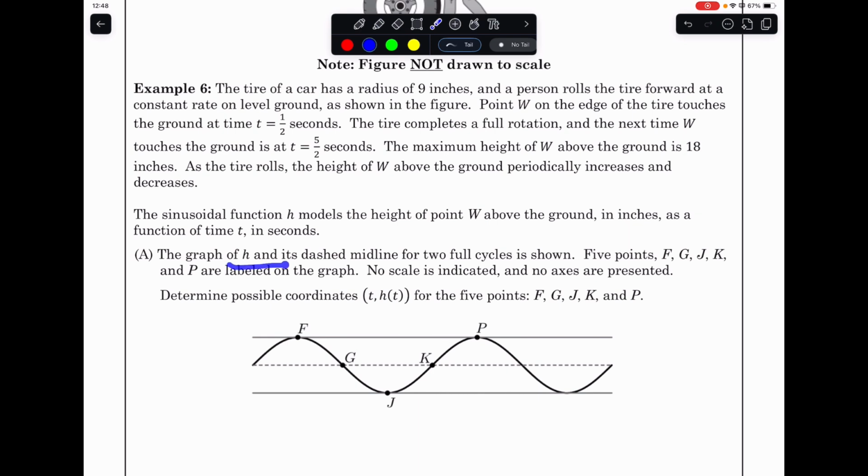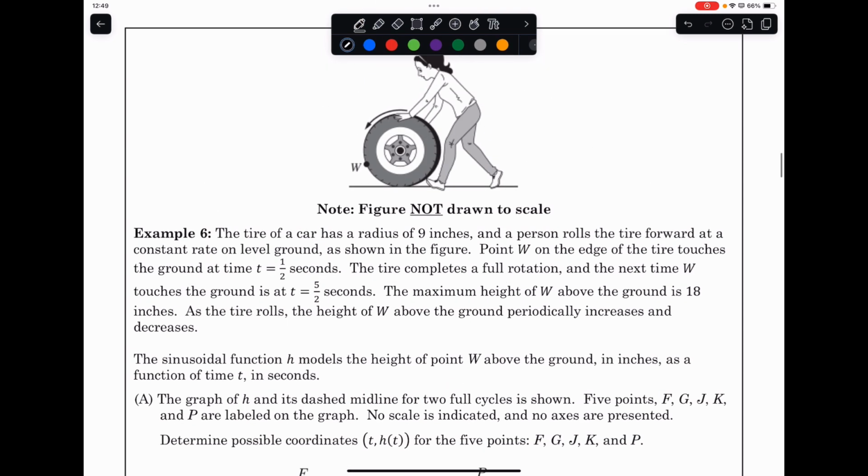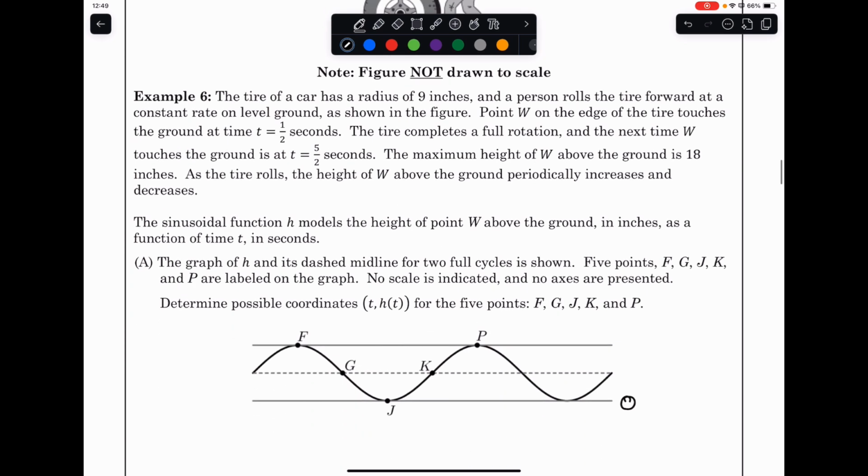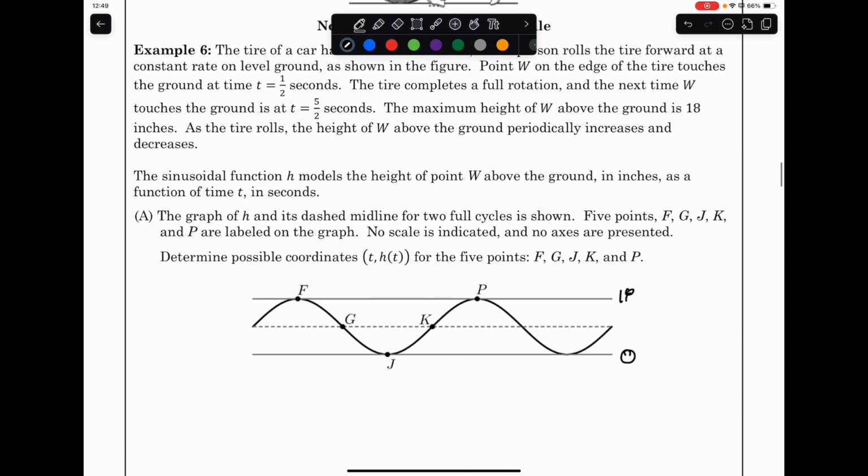The graph of H in this dashed midline has 2 full cycles. Find the coordinates of this. So the sinusoidal function H models the height of W above the ground. So when it's touching the ground, it's 0 inches from the ground. And then when W is up here, where this person's hand is, then it is 18 inches from the ground.